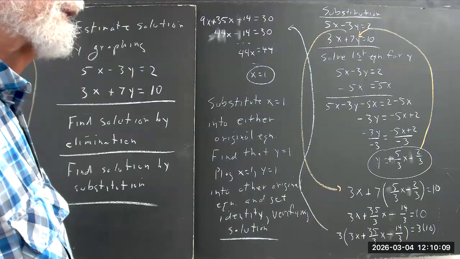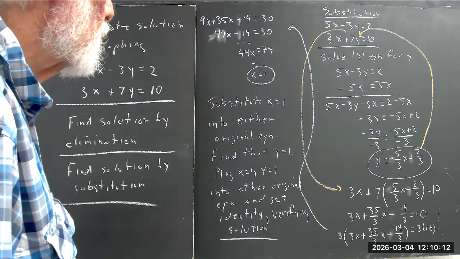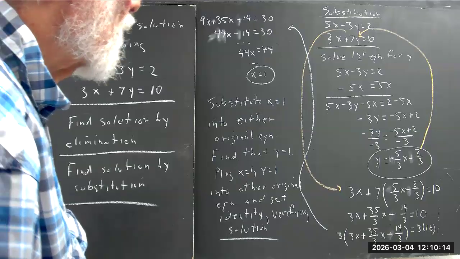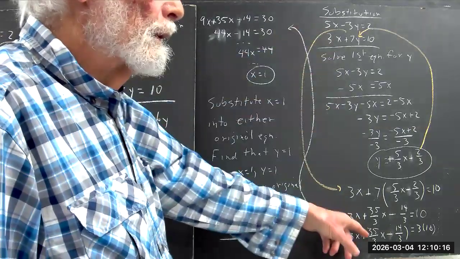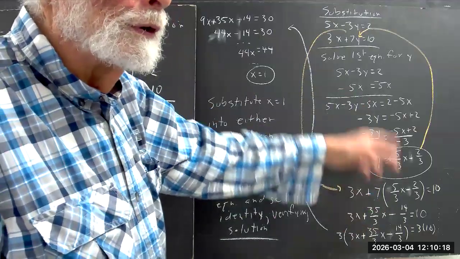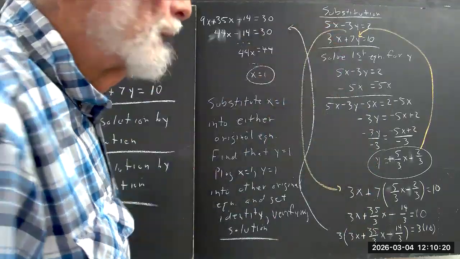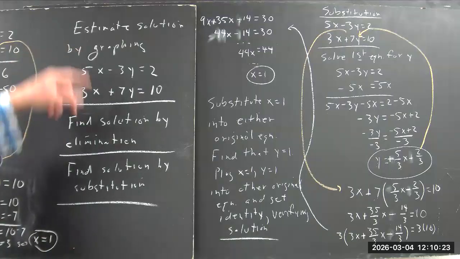One thing you can see from this is that it's a little more complicated to use substitution for two linear equations than it is to use elimination.